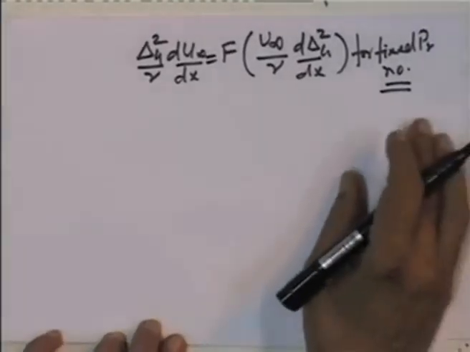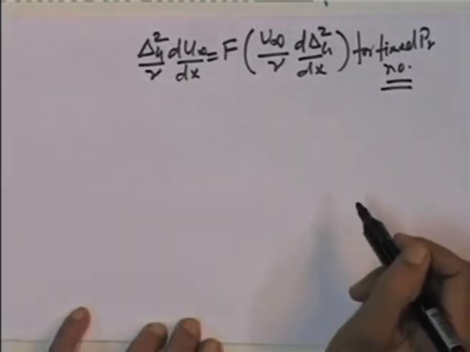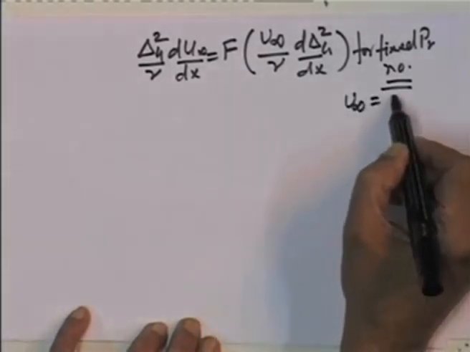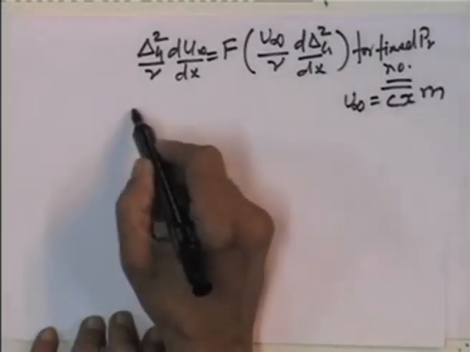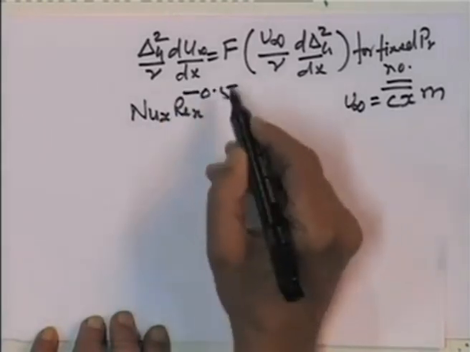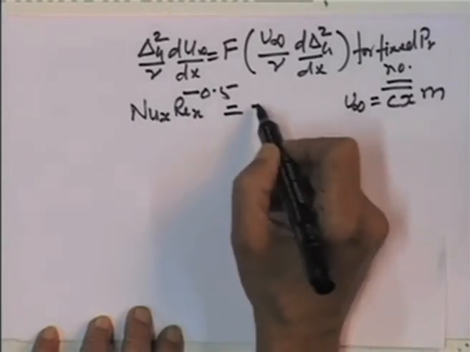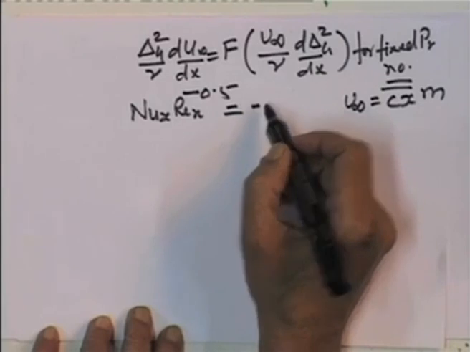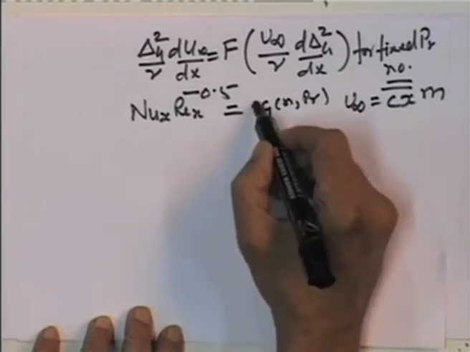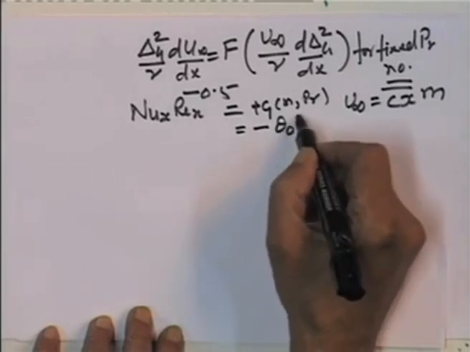Now, of course, this functional must hold for wedge flows as well, for which u infinity is equal to C x raised to m, and Nu x Re x to the power of minus 0.5 is equal to C 1, that is, minus theta 0 m Prandtl.